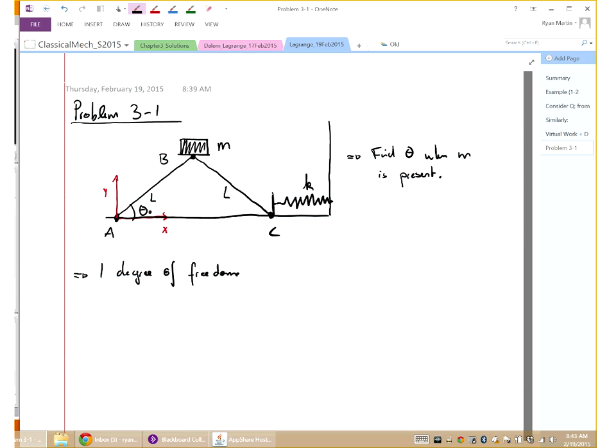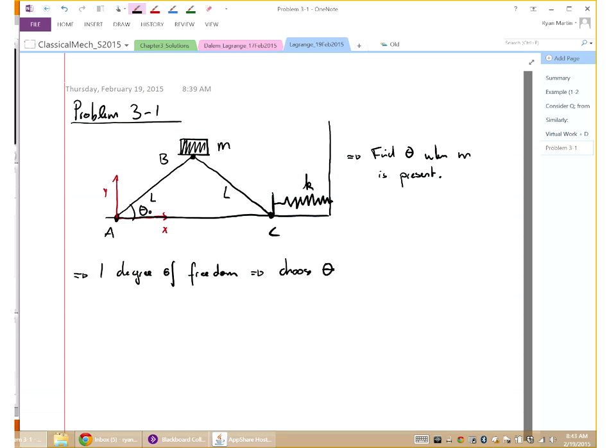That is, I can describe completely the state of the system by specifying just one number. Could be the compression of the spring, but I'm going to choose the angle theta. Okay?